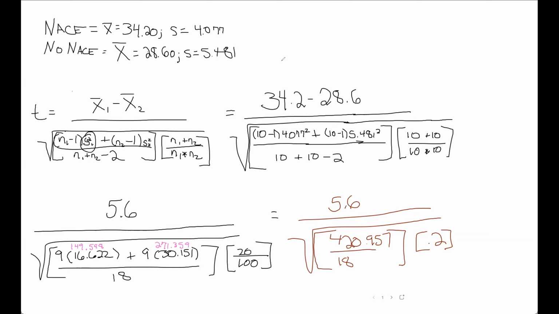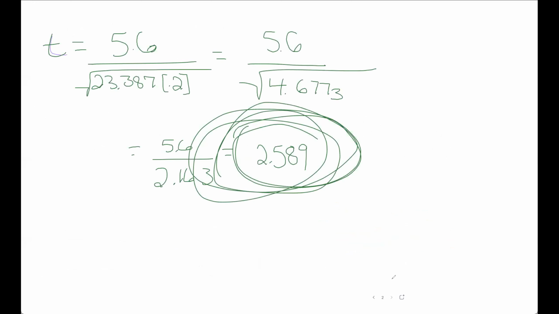Okay, are there any other questions? Okay, so now that we have the t-value, if we want to know whether or not it's statistically significant, what do we have to do?